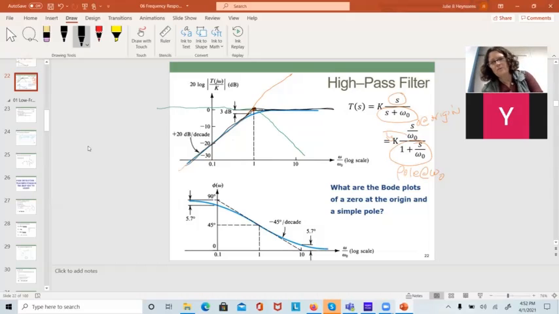The thing is, without having to go through and do the math and calculate it all the time, because this gets to be a headache to calculate, the magic trick that I use to know this is that at omega naught is where that 3 dB frequency is. And it always works out like that, because if you plug in omega equals omega naught, this comes out to be 1/2, which is 3 dB.